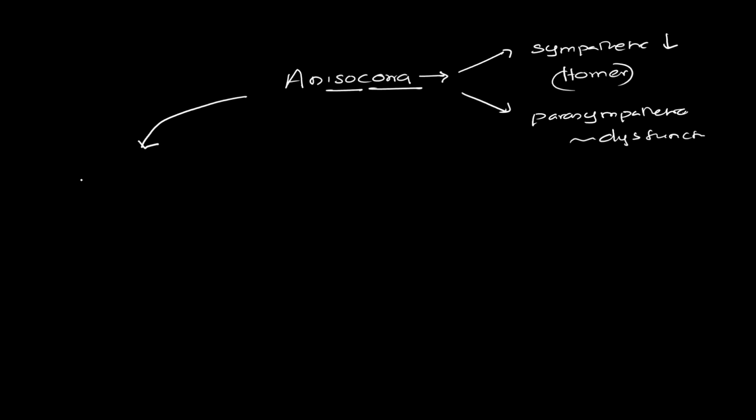Initially, as a part of the commencement, what you can do is use a direct source of light and see what happens to the anisocoria. If the anisocoria is greater in the dark, which means that when there's no light source, the difference between the dilated and the constricted pupil is greater, then the problem is probably within the sympathetic system.